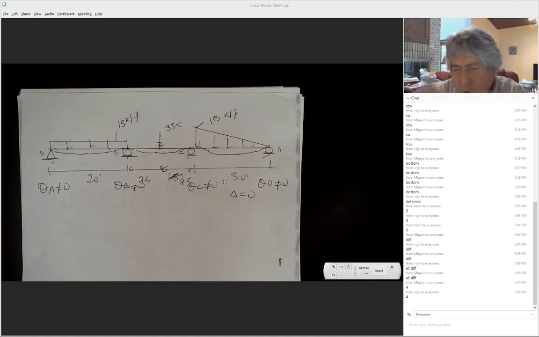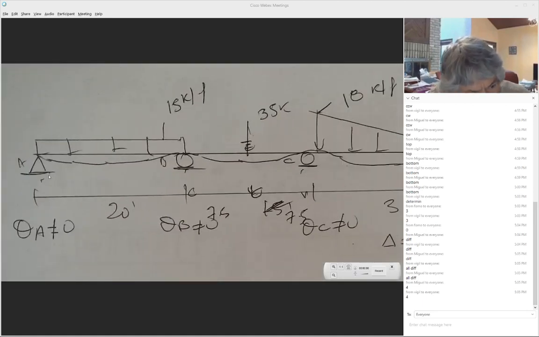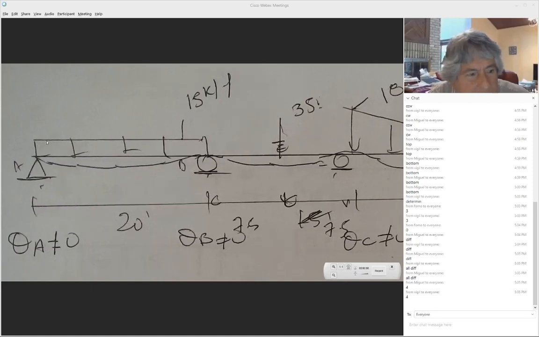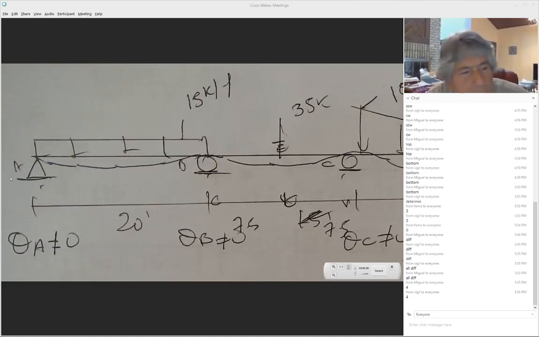But no matter what I do when I finish my 4 unknowns with 4 equations, what is going to be the moment? What is going to be the moment AB in here when I finish? When I use a computer or I send it to China or any place to solve my problem, what are they going to tell me, or what do I conclude? What is MAB?